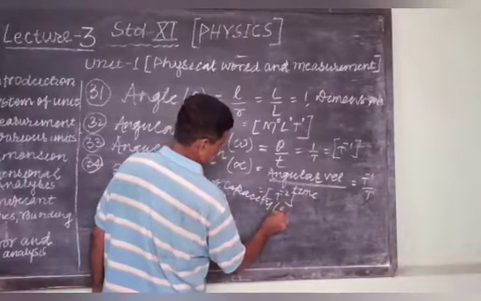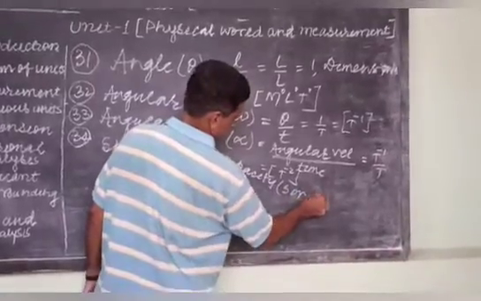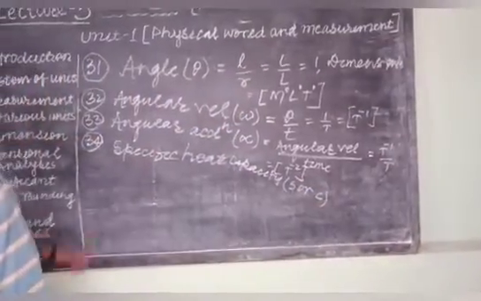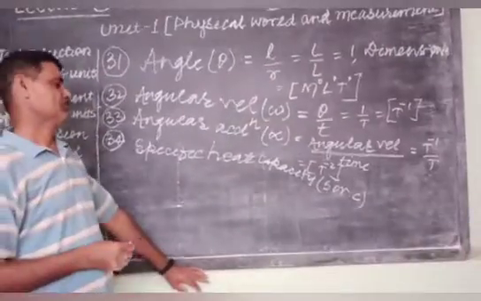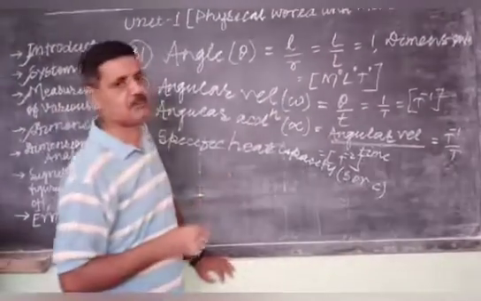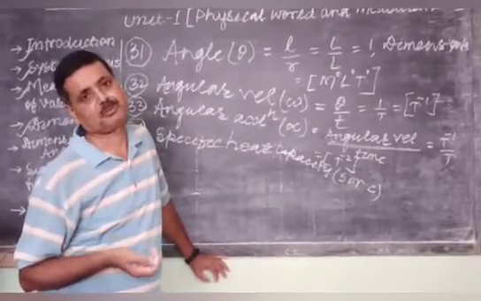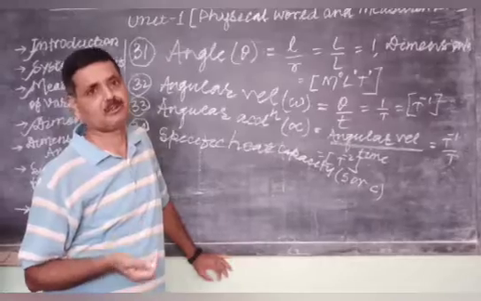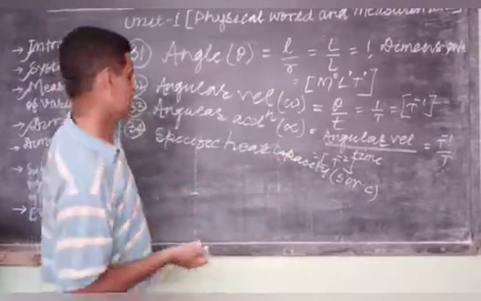It is denoted by either S or C, both the terms. Specific heat capacity means the amount of heat required to raise the temperature of a substance through 1 degree C. That is specific heat capacity.